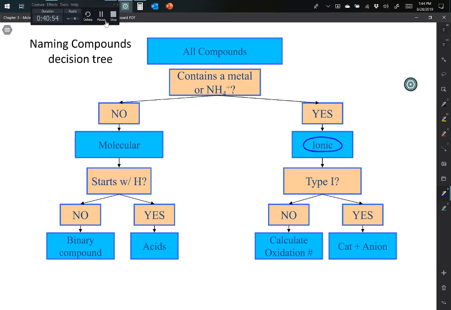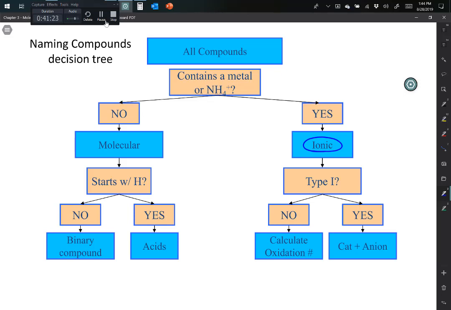If it's ionic, is it type 1? If the answer is no, then you have to calculate an oxidation number, and then the name is still cation plus anion. That's what we just did. And then if the answer up here is no, then it's molecular, so you'll use prefixes. But it says if it starts with an H, and the answer is yes, you name it as an acid, otherwise it's just a binary. Okay, so remember last time we had things like SO2, sulfur dioxide, or CO2, carbon dioxide.